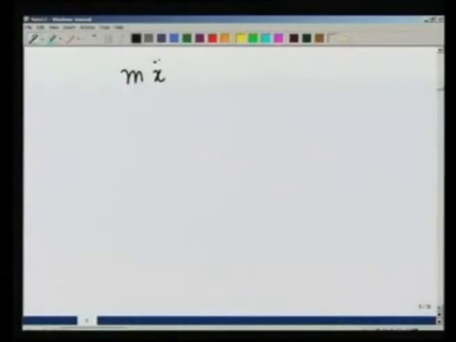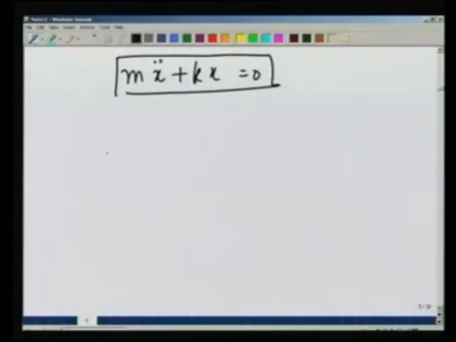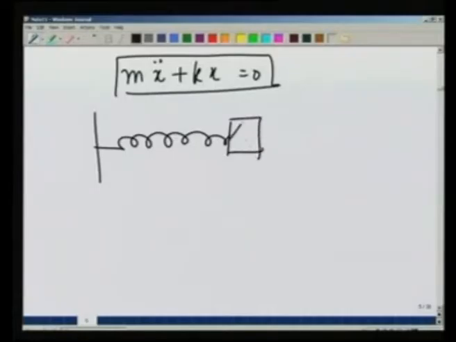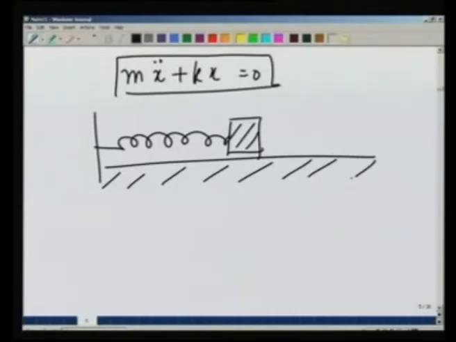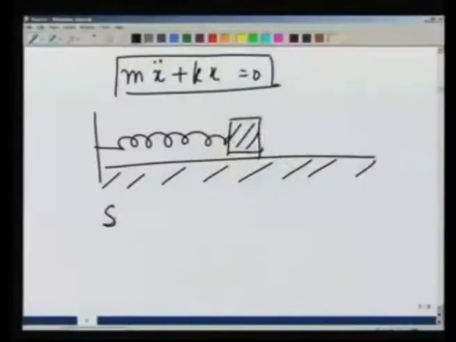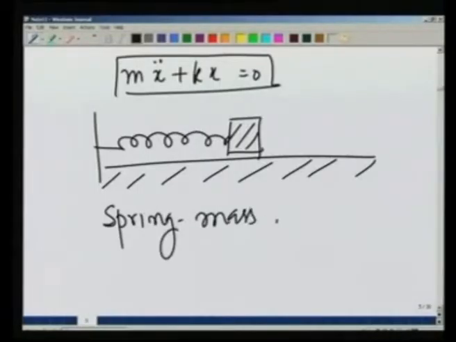So what we have is m x double dot plus kx is equal to 0. This is also the equation for a mass tied at the end of a spring which is oscillating on a frictionless plane. So the prototype of simple harmonic motion is going to be a spring mass system, with mass m and a spring constant k.